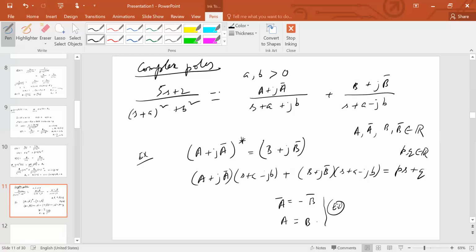The point is that once you have complex poles, you can deal with them in exactly the same fashion as you've dealt with real numbers. In addition, you can use this information that these will be complex conjugates of one another. So you can always take this same method here.